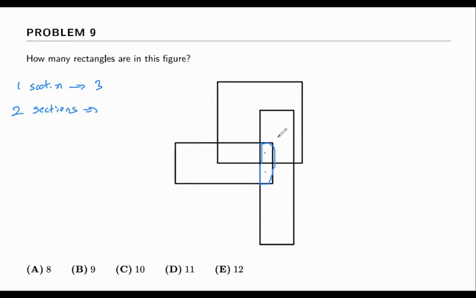We have one right here, one right here, and one right here with two sections. And other than that, maybe we can see this one and this one. If we combine these two, this is also another one.